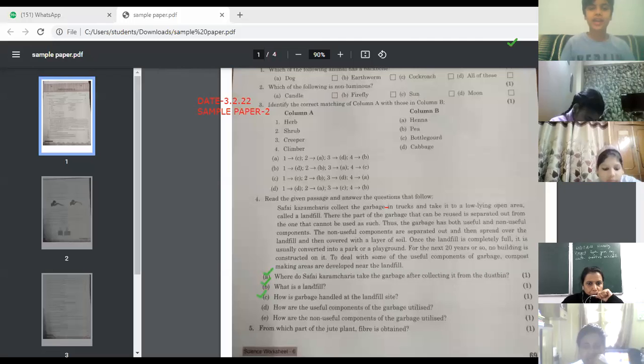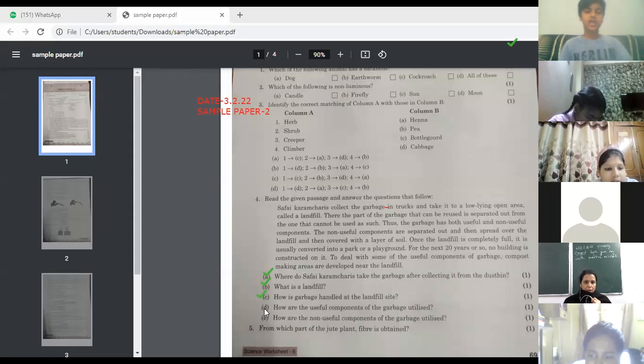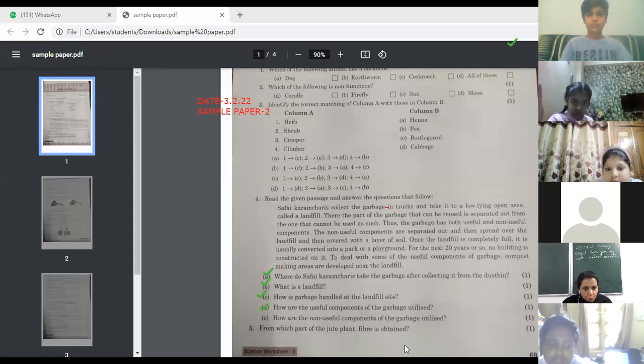Garbage, and put the layer of the soil, and again put the sheet and again put the layer of soil. Fine. So, ma'am, this is how they handle the garbage in a landfill. So there are a few steps in how the garbage is handled at the landfill site.